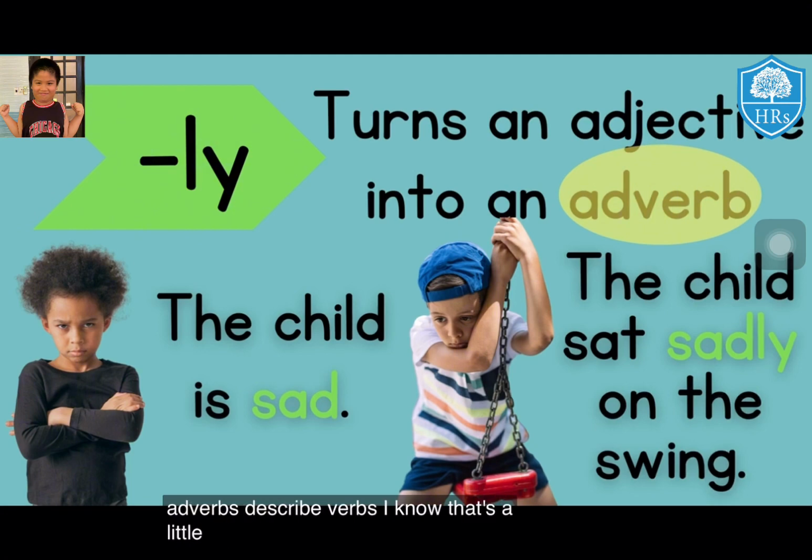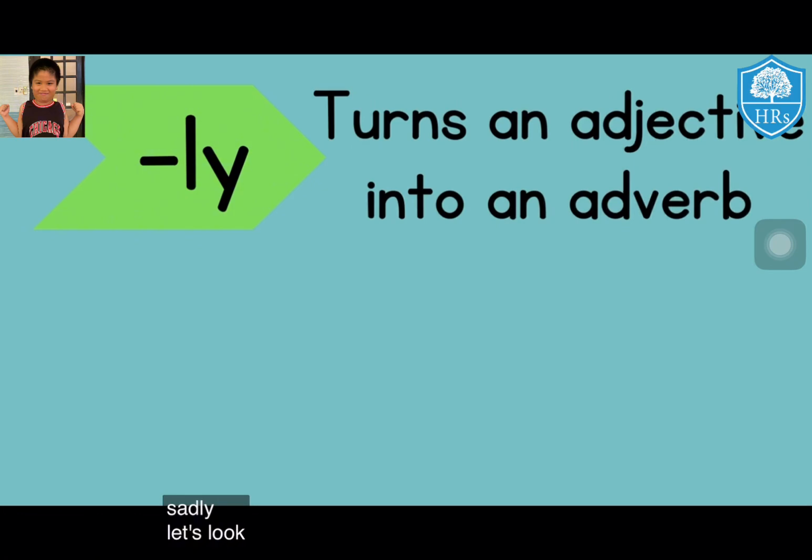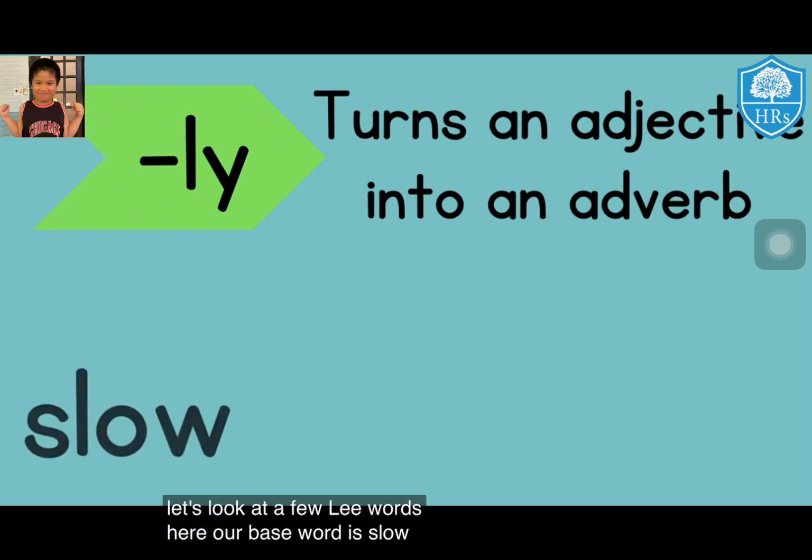So adverbs describe verbs. I know that's a little confusing, but here you see that the word went from sad to sadly. The child sat sadly on the swing. How did he sit? Sadly.